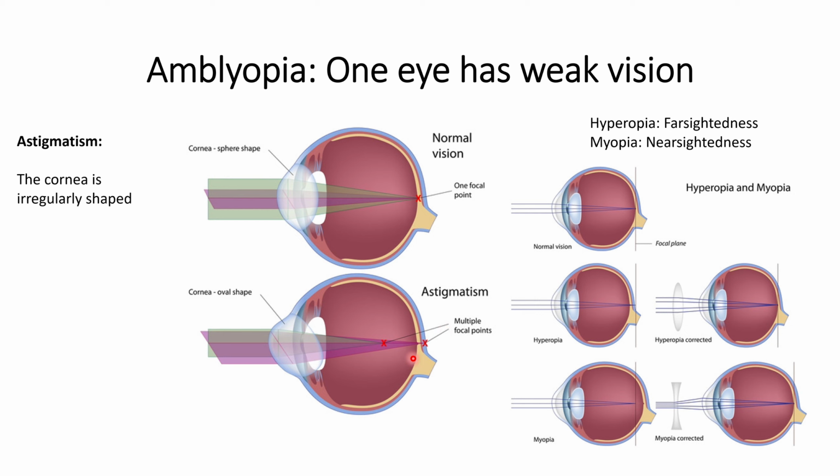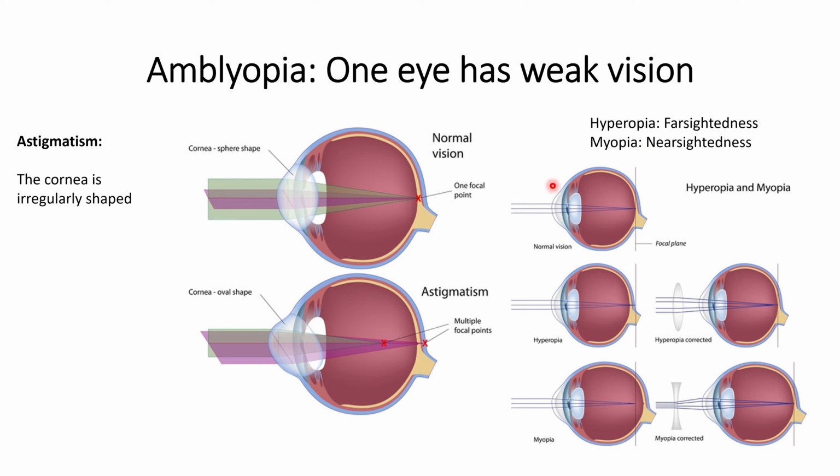in this figure. Another problem that is more observable within the population is hyperopia and myopia. Hyperopia is commonly known as the far-sightedness problem, and myopia as the nearsightedness problem.